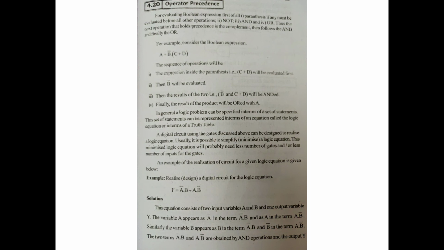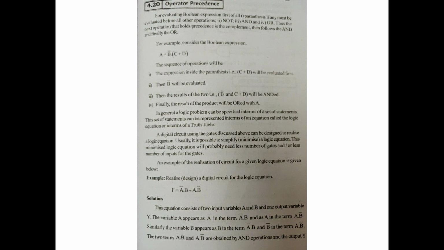An example of the realization of circuit for a given logic equation is given below. Example: realize or design a digital circuit for the logic equation y equal to a bar dot b plus a dot b bar.